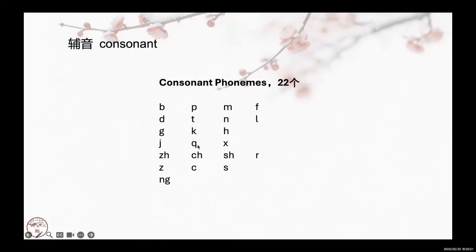This one is very different from the way in English. In English, it usually pronounces as k, right? Question, quick. It pronounces as k, but in Chinese, it's ch. And X, similarly, we pronounce it as sh.